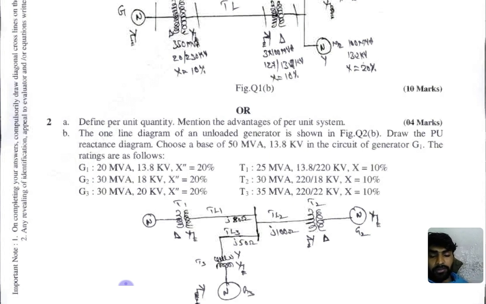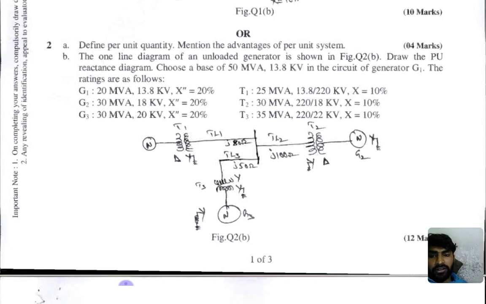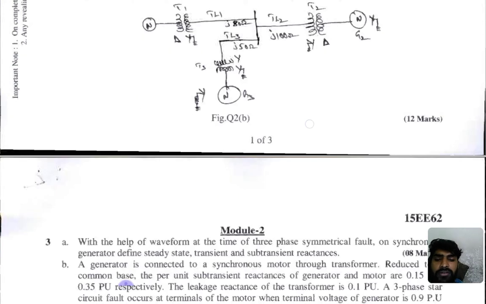Whatever the calculation of per unit value. Next they have given a question we already solved in the classroom. So just draw the single line diagram to reactance diagram, convert everything into new value or old value, and then XPU new, XPU old, or ZPU new, ZPU old value, directly we'll get everything.